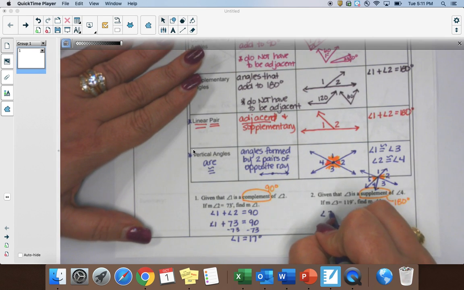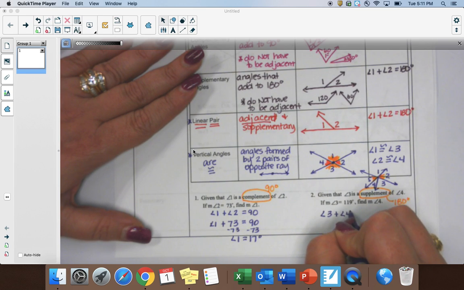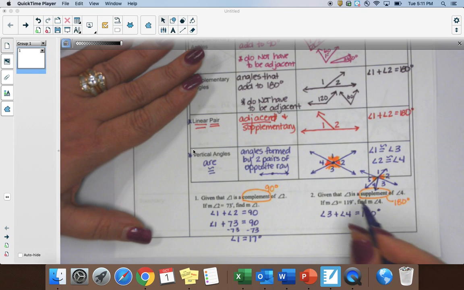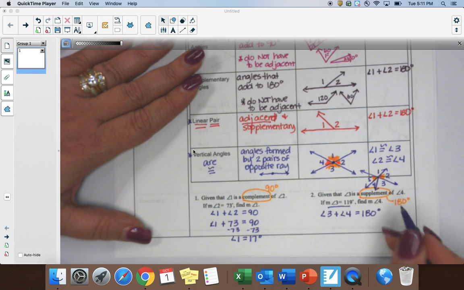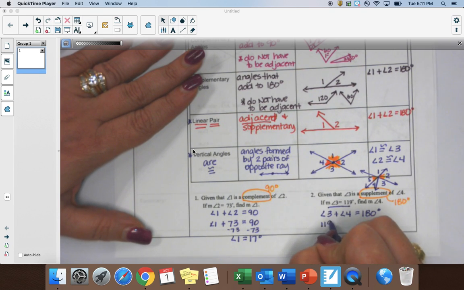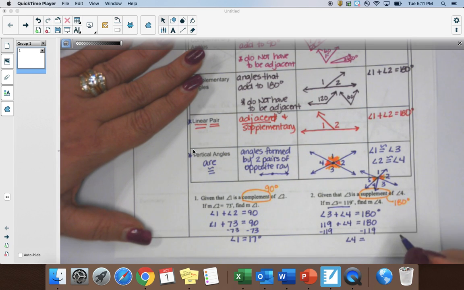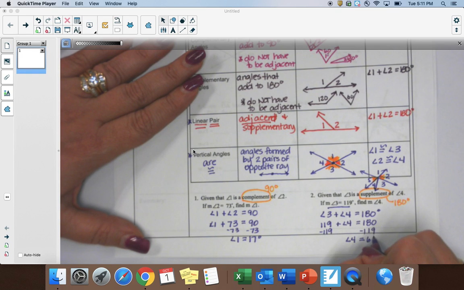So angle 3 plus angle 4 is equal to 180 degrees. You were given that angle 3 is 119, so we're going to substitute 119 for angle 3, plus angle 4 equals 180. Subtract 119 from both sides, and you get that angle 4 is equal to 61 degrees.